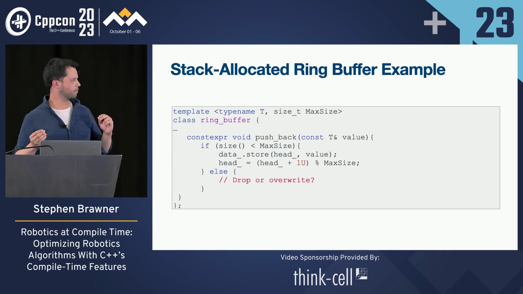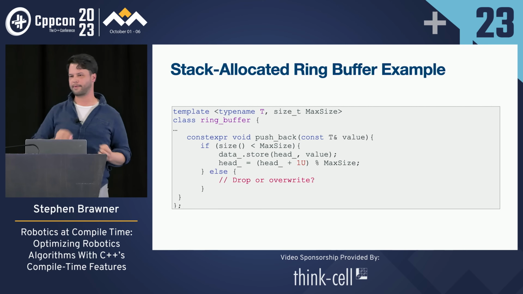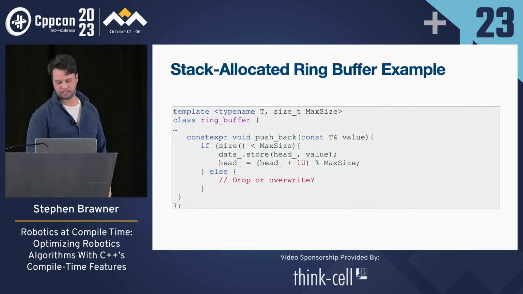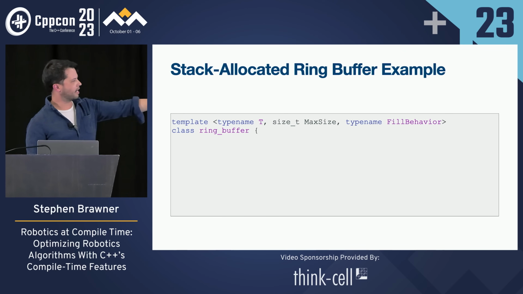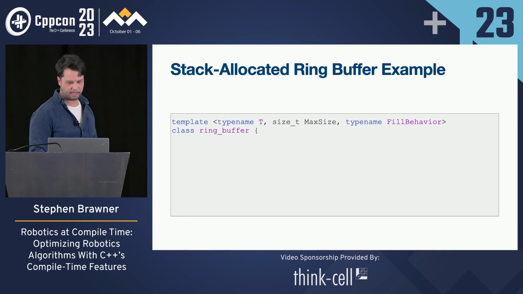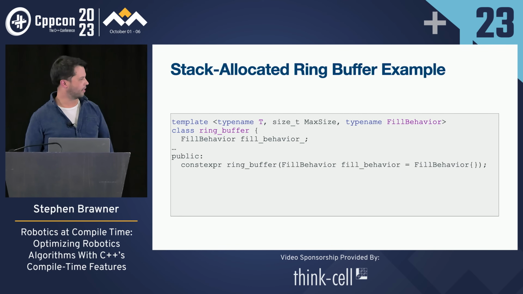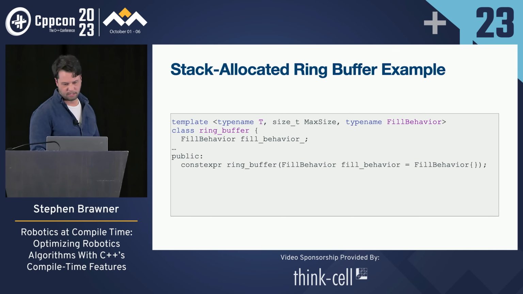I don't think returning true or false in pushback is very helpful because that just propagates your error onward. And so we could add a template type parameter called fill behavior and pass this behavior to that template type parameter. You could pass it into the constructor, so you could do template argument deduction.